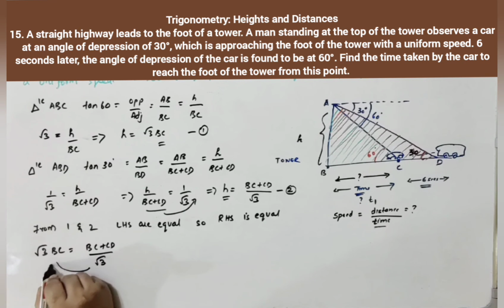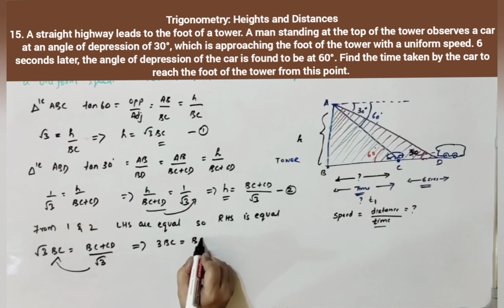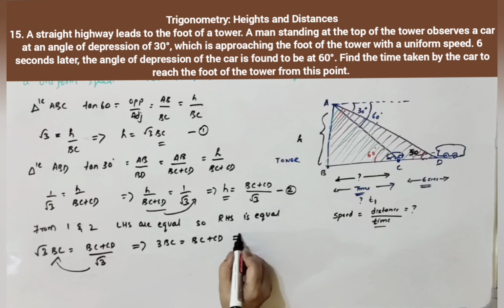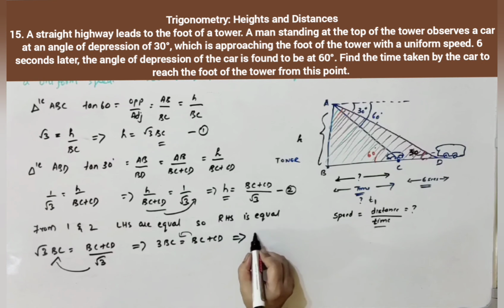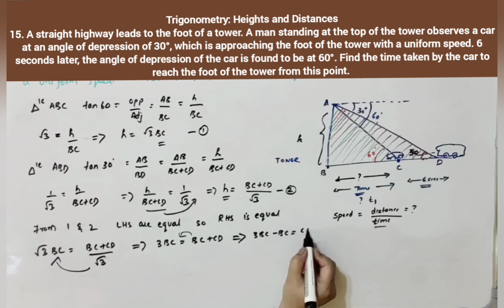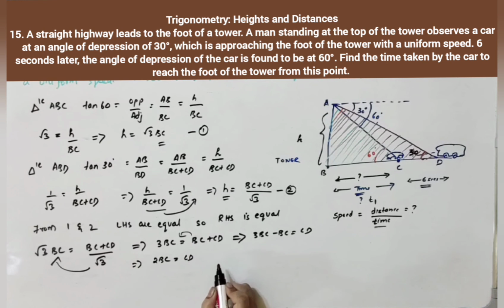We'll take √3 here, so it becomes √3 into √3, which is 3 BC is equal to BC plus CD. If you simplify this, you take BC this side. So it's 3 BC minus BC is equal to CD, which is nothing but 2 BC is CD. Let's call this equation 3.